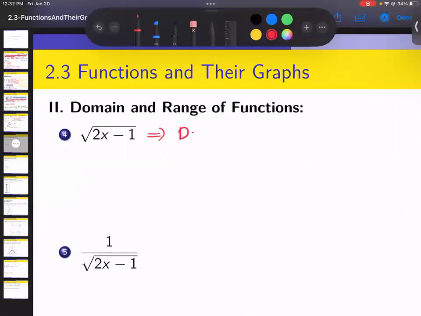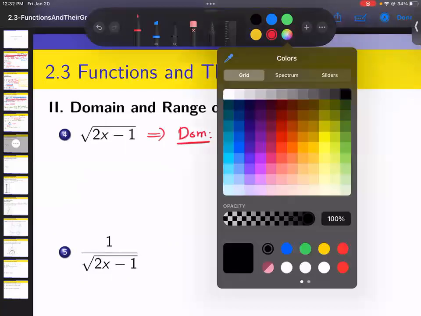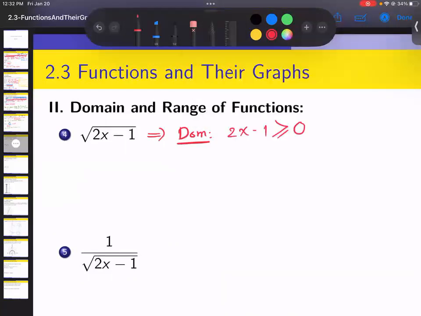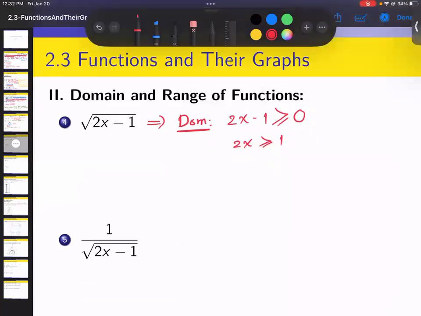domain, what you're going to do is set the radicand greater or equal to 0. So that means 2x minus 1 is at least 0. And then you solve. Add 1 to both sides. Divide both sides by 2. So x is greater or equal to 1/2.